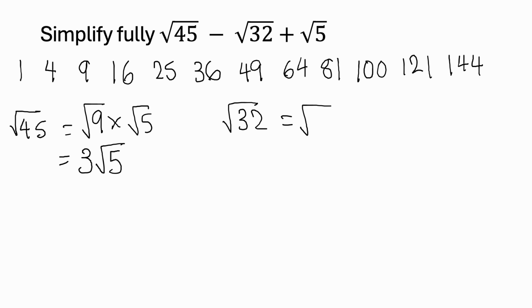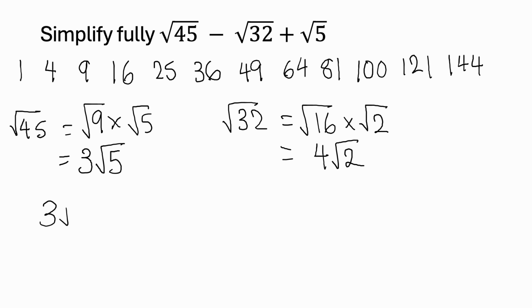So, yep, let's do root 16. Root 16 times root 2 makes root 32. Square root of 16 is 4, so it'll be 4 root 2. And root 5 just stays as it is because you can't simplify that.